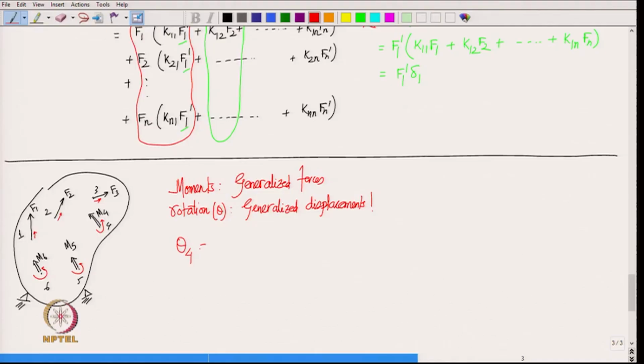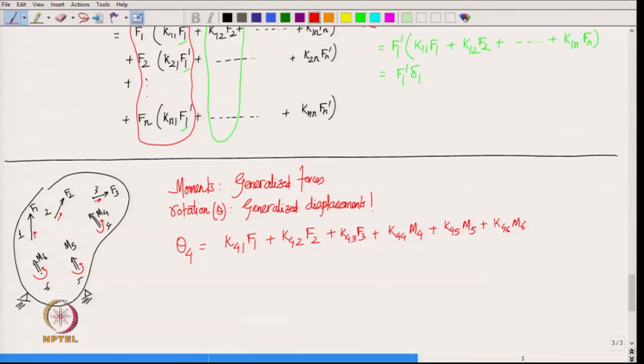For example, if you want to measure the corresponding rotation at point 4, then theta_4 is simply k_41 into f_1 plus k_42 into f_2 plus k_43 into f_3 plus k_44 into m_4 plus k_45 into m_5 plus k_46 into m_6.